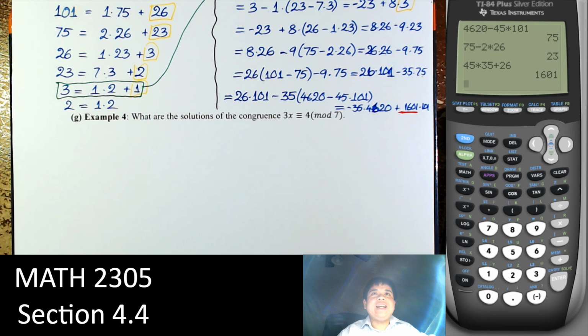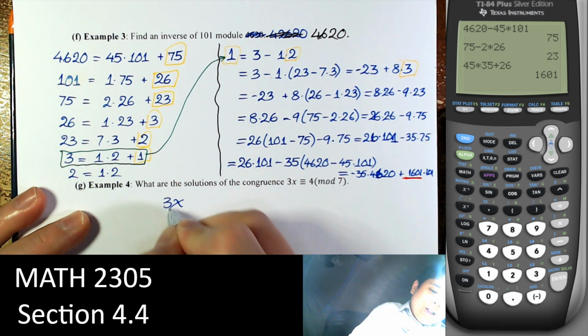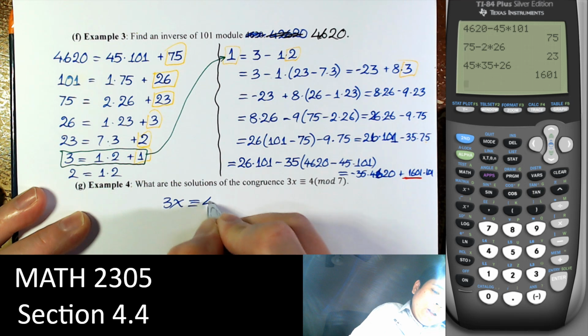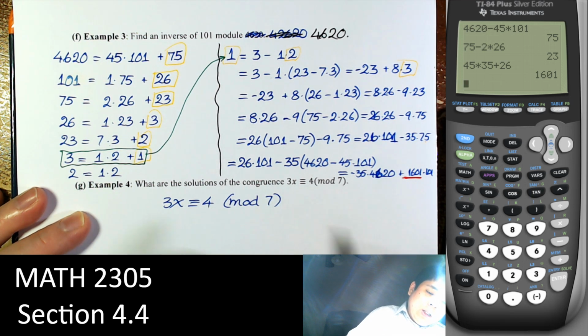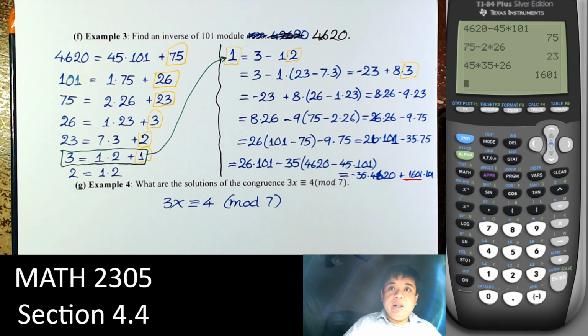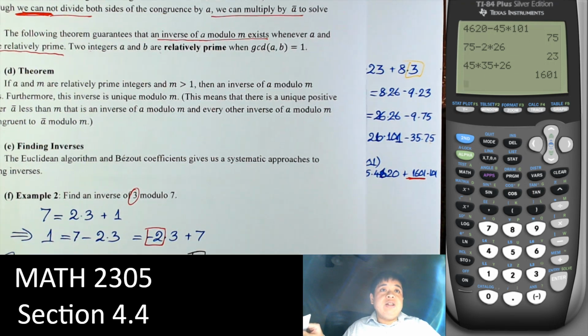Right. Let's say now that we have the congruence, we have the inverse. How do we solve the congruence? Very simple, right? So we start with 3x mod 7. That's the problem. From the previous page, we know the inverse was what? Oh, the inverse is 5.